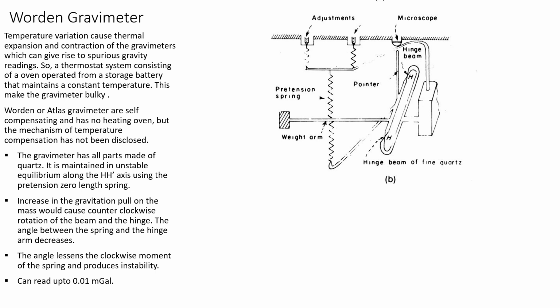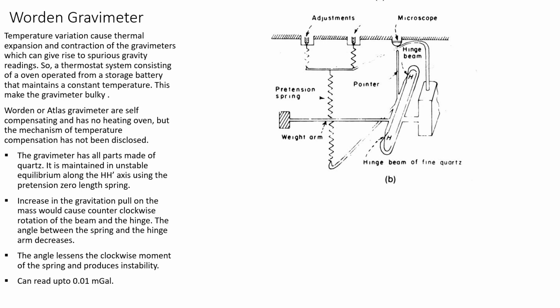So the pretension in the zero length spring has sustained or maintained the inclination, that is the unstable but equilibrium position of the hinge beam.